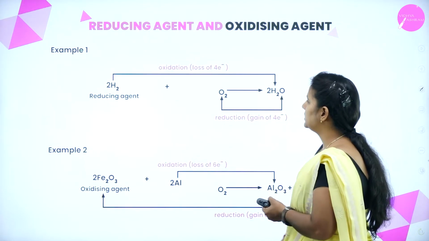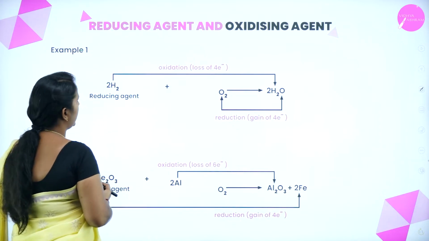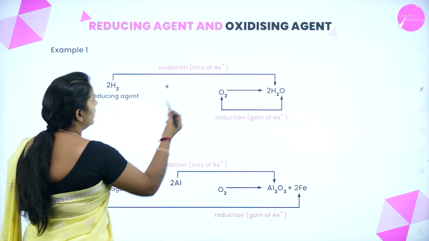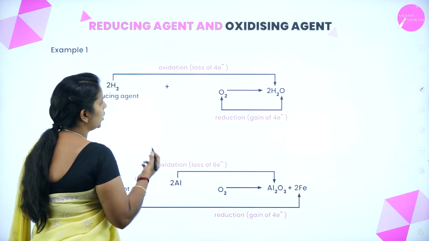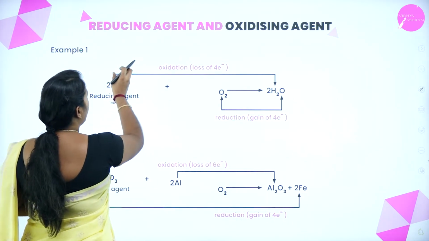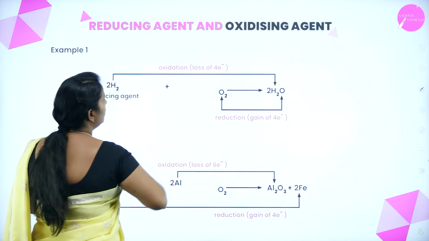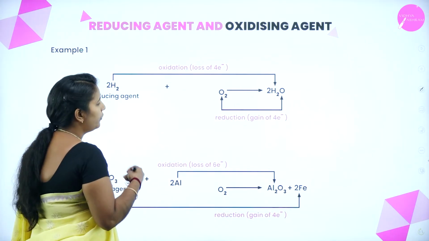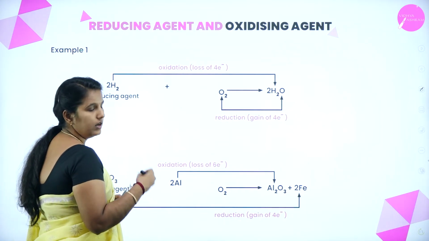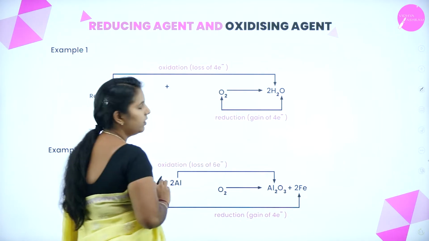Here I have an example of the water molecule, where you can easily understand that hydrogen combines with oxygen and forms a water molecule. Is it right? Yes. We know that hydrogen is undergoing oxidation by losing 4 electrons, whereas reduction happens because the 4 electrons are accepted by the oxygen atom.